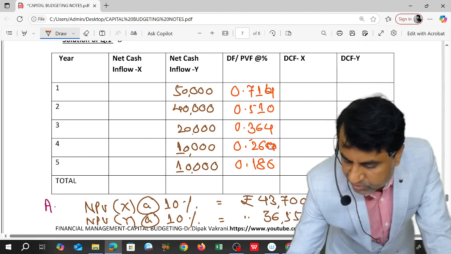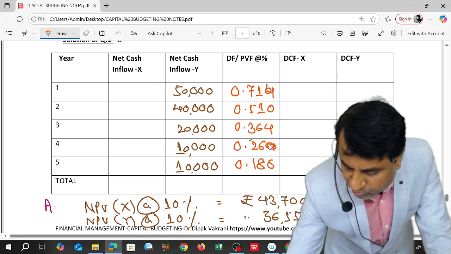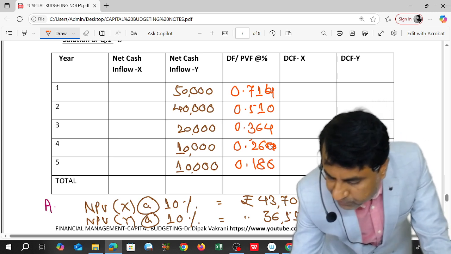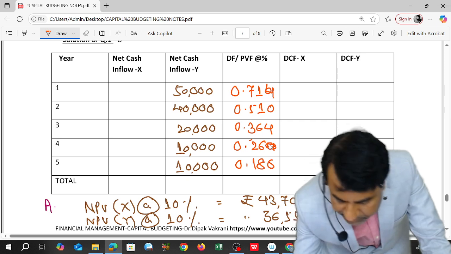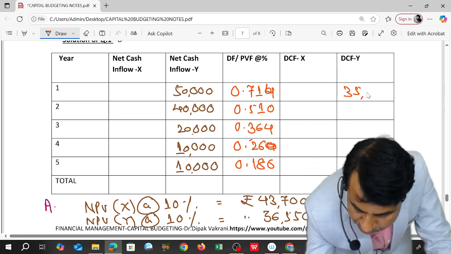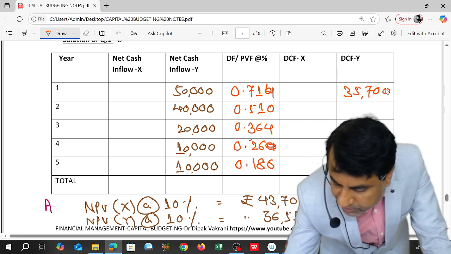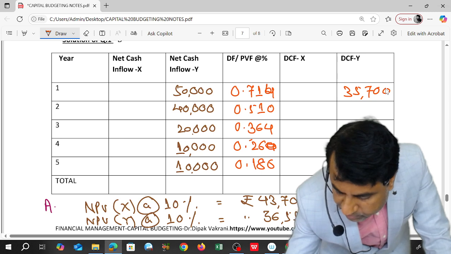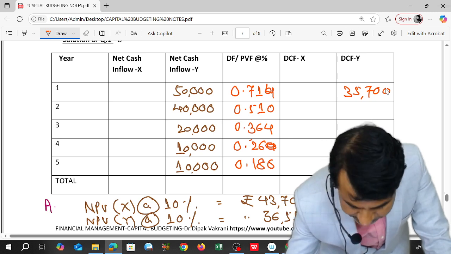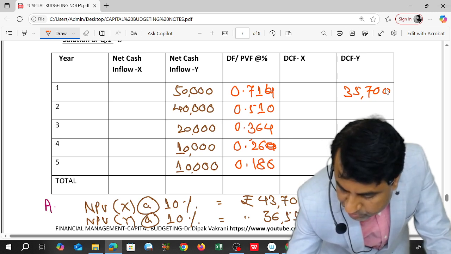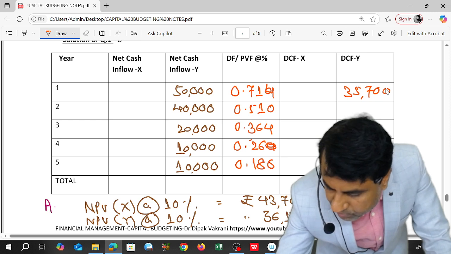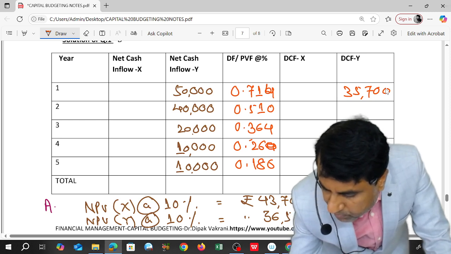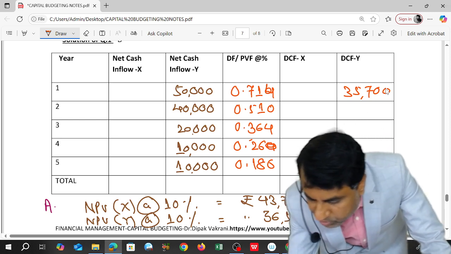50,000 multiplied by 0.714, it is coming 35,700. For y we are doing, x is done already, annuity it was. 40,000 multiplied by 0.510, and it is coming 20,400.